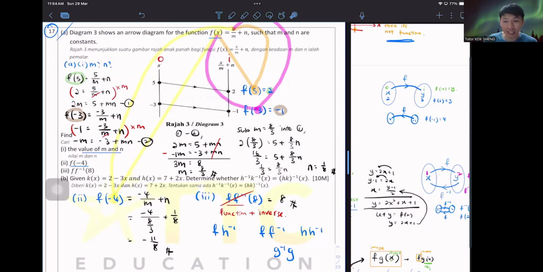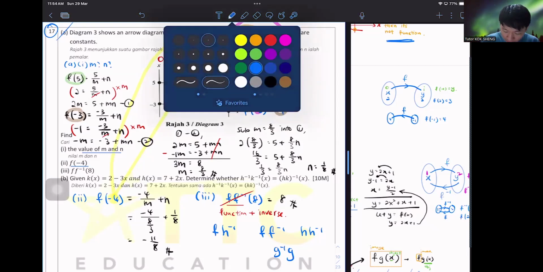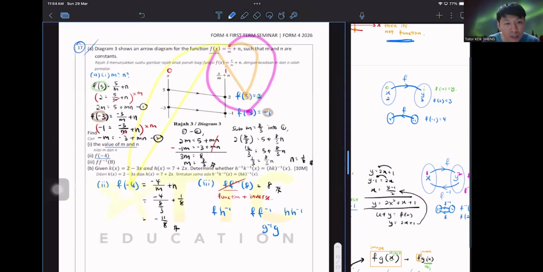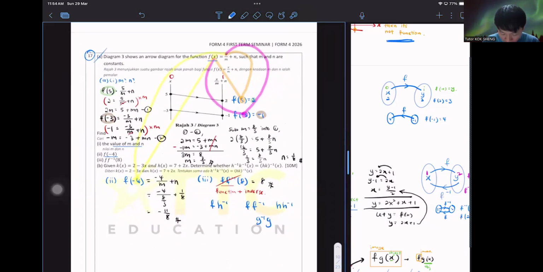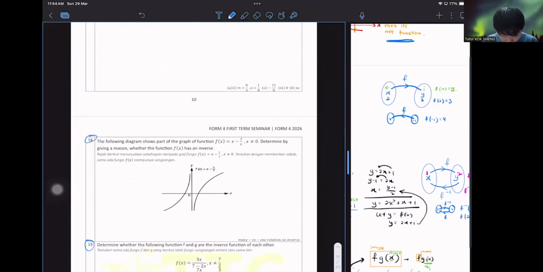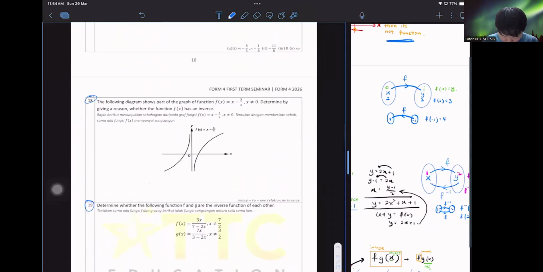Okay. I think I need to skip some questions first. Let me see what is the next one. Okay, these two double first. Let me skip to this part first. We go to 26 and 27. Is it these two? Let me check first.